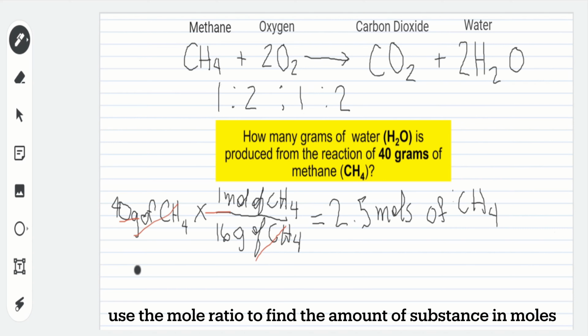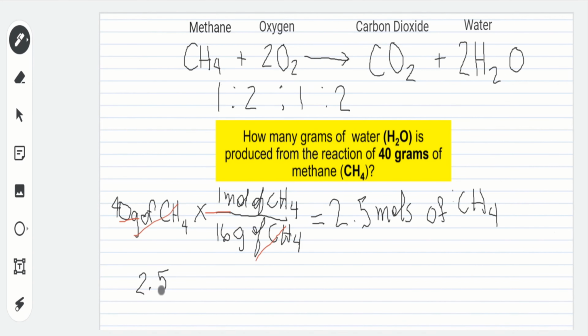Susulat muna natin yung 2.5. Okay, gusto natin malaman kung ilang water ang mapuproduce ng 2.5 moles of methane. So, 2.5 moles of methane.